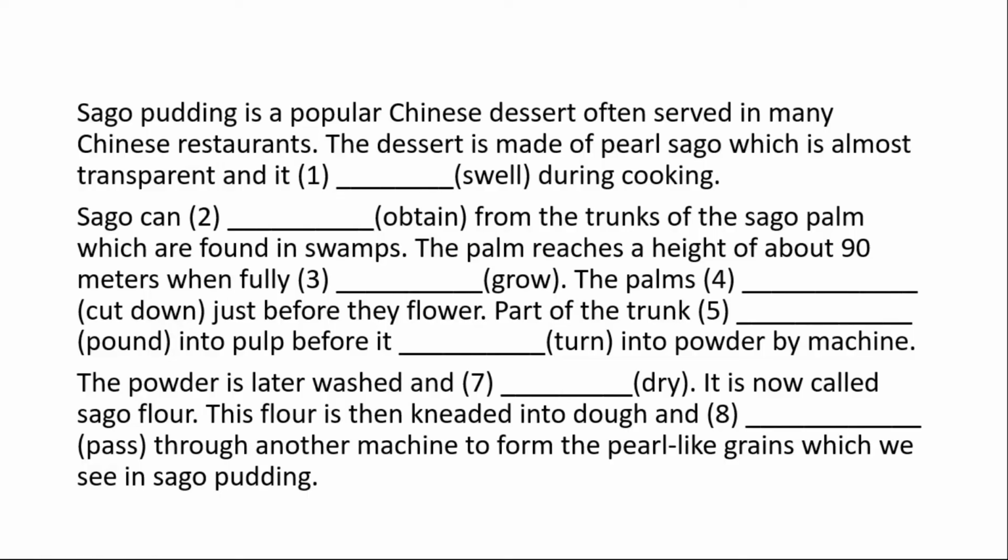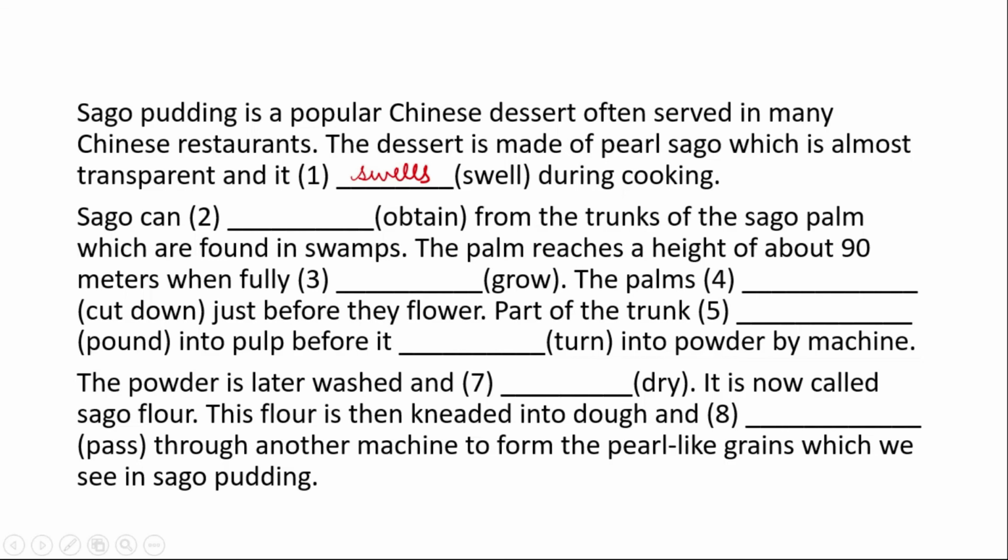So there is no sample answer here. You can start solving and then we will discuss. Sago pudding is a popular Chinese dessert often served in many Chinese restaurants. The dessert is made of pearl sago, which is almost transparent, and it swells.